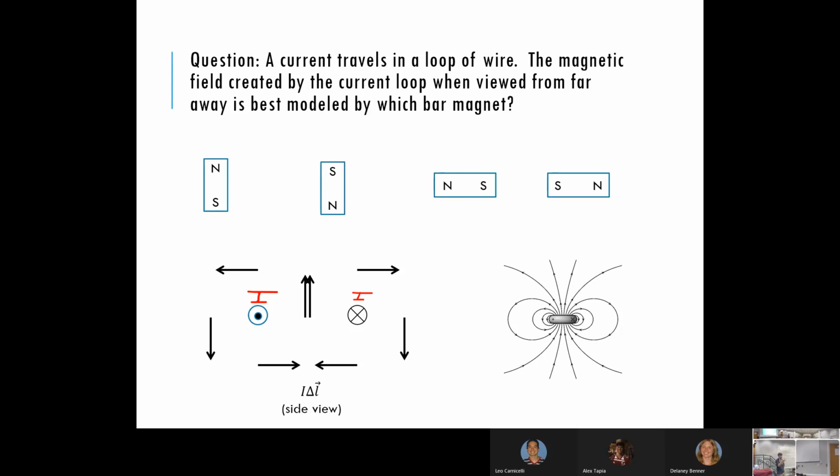From the standpoint of the magnetic field, those two are the same. A tiny current carrying loop generates the same magnetic field as like a tiny bar magnet. Reality, tiny current carrying loop. Conceptualization and modeling, bar magnet. Is that okay so far?